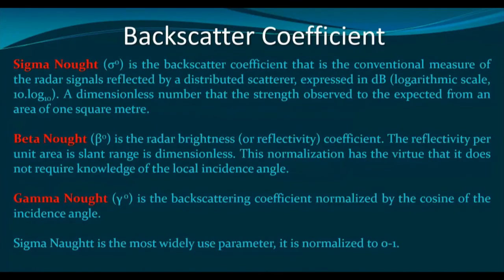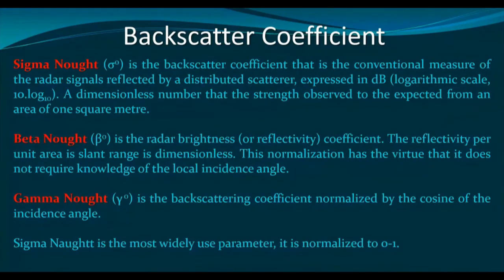Sigma naught is the usual measure used to evaluate the reflectivity conditions of the surface independent from the geometric effects. So that is why it is more popular. Sigma naught is often used in scientific interpretation of SAR imagery, as the pixel values are absolutely calibrated.